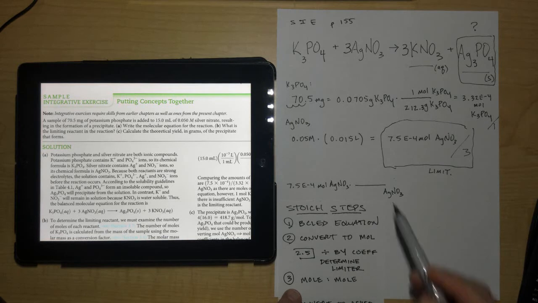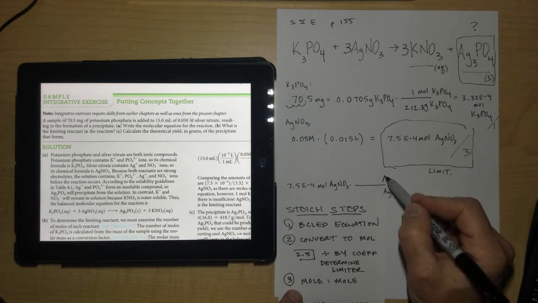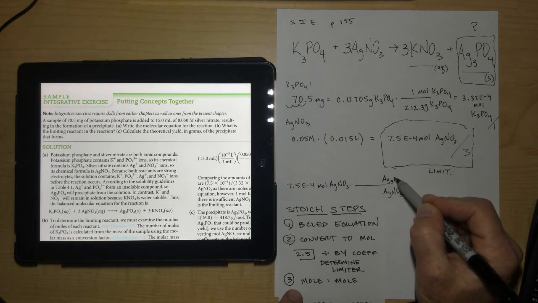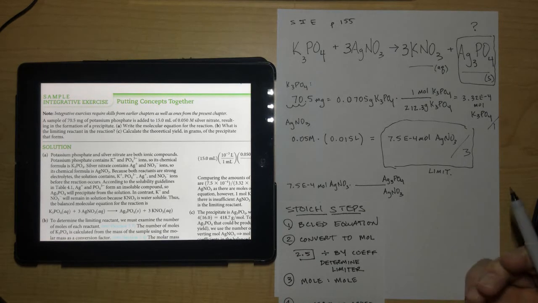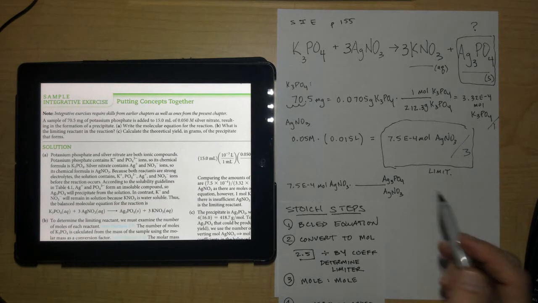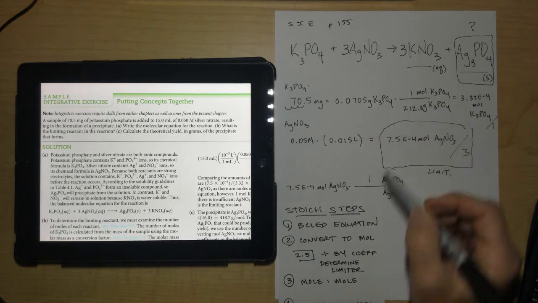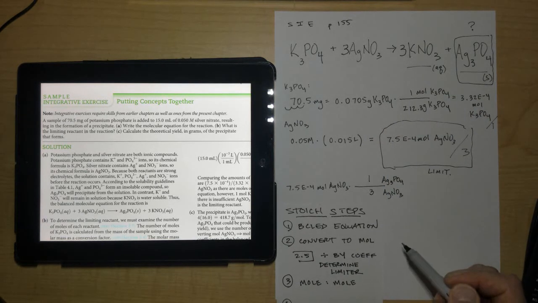And now put my desired units on the top. The thing that I desire to know is the silver phosphate up here, Ag3PO4, because that's going to be my precipitate, and it asks what grams of that precipitate will form. There's a 1 in front of this one. There's a 3 in front of this one, so put a 3 down here.